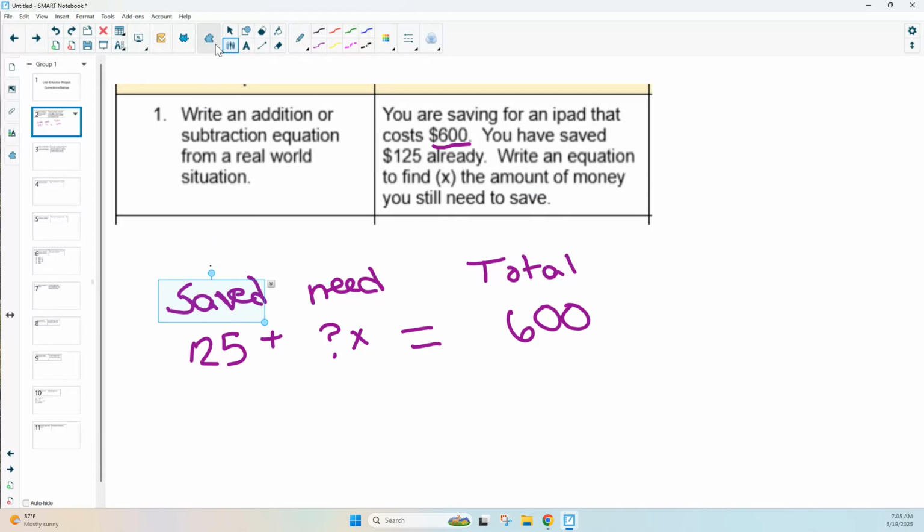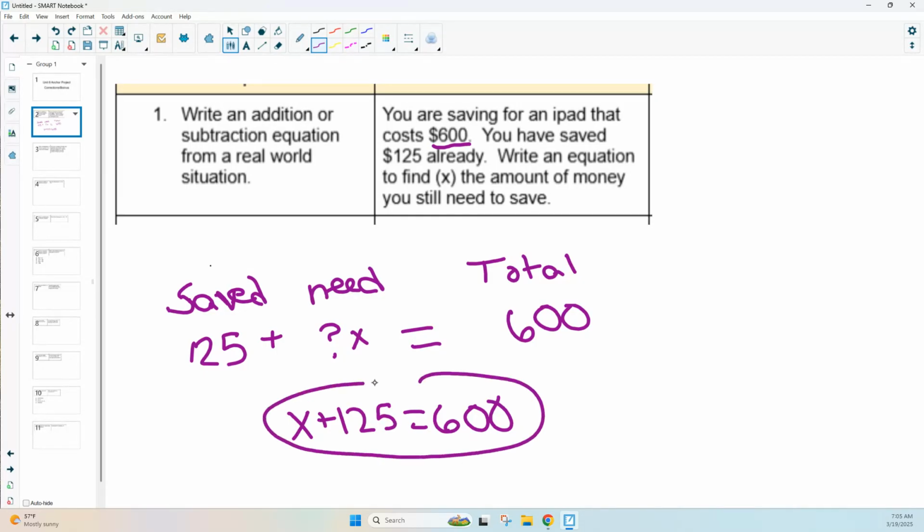But what we do know is what we saved, $125, plus what we still need has to make a total of $600. So our equation would be X plus 125 equals 600. What we need plus what we've already saved has to equal 600. It just says to write the equation, so we don't have to solve it. This is our equation. All right, now let's keep going.